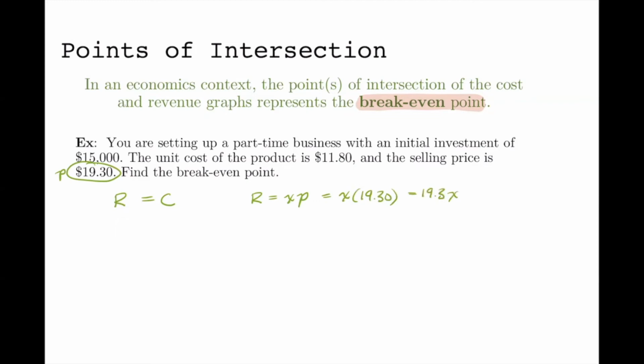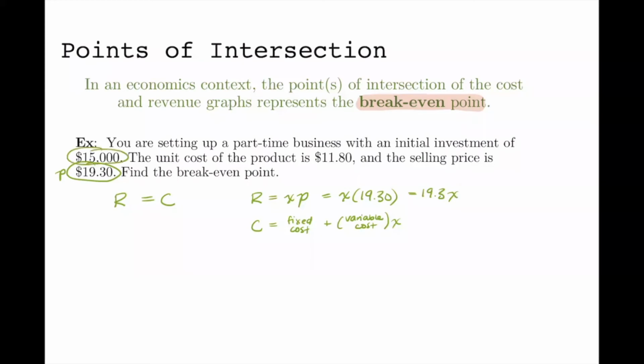Our cost equation can be thought of as our fixed cost, if there are any, plus our variable cost times x. And remember that x is always the number of things made or sold. So in this case, we have an initial investment of $15,000.